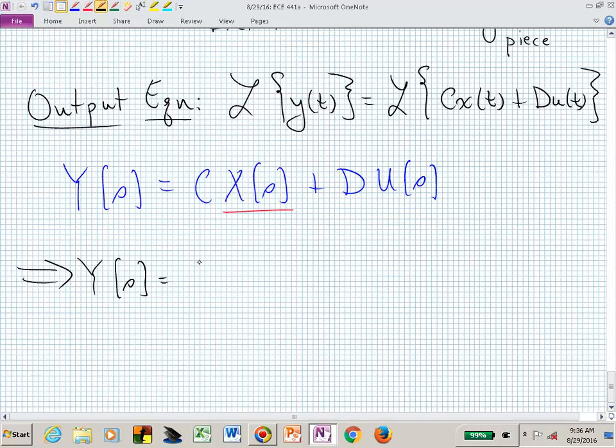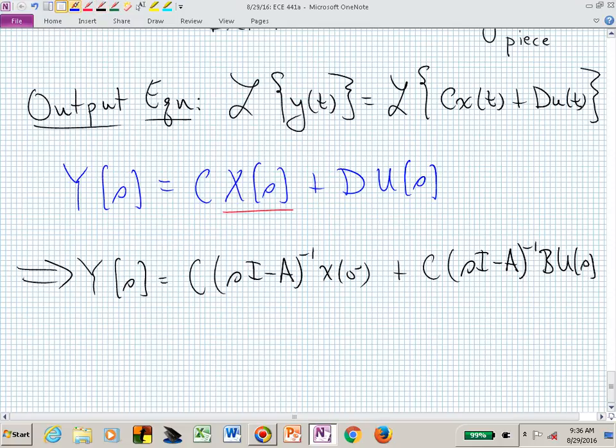I have C(sI minus A) inverse x(0-), that was the initial condition piece, plus C(sI minus A) inverse B times U(s), and I can't forget this piece, the DU(s), plus DU(s).